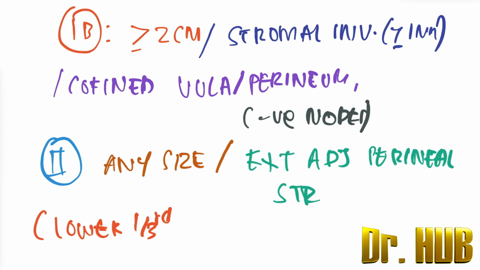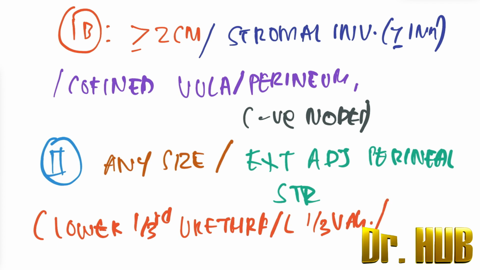It may be the lower 1/3 of the urethra, the lower 1/3 of the vagina, as well as the anus. This is with the extension to the adjacent perineal structures, with negative nodes.